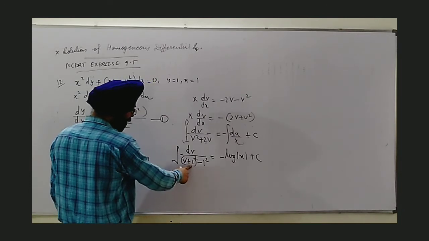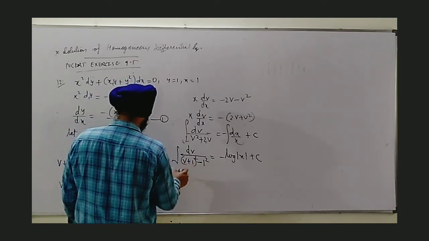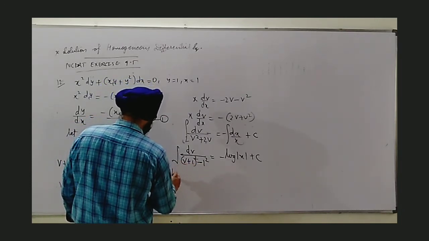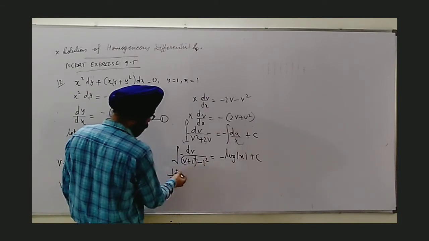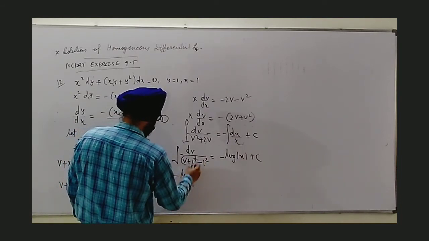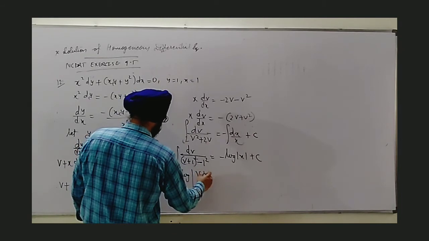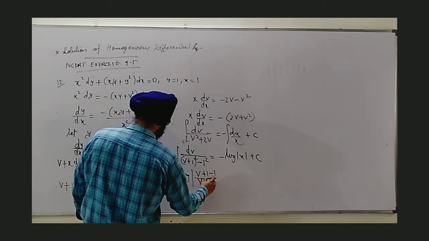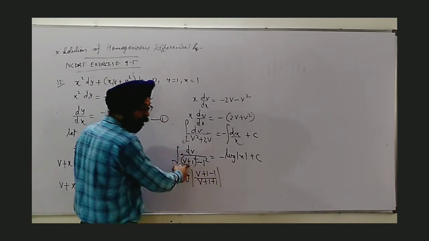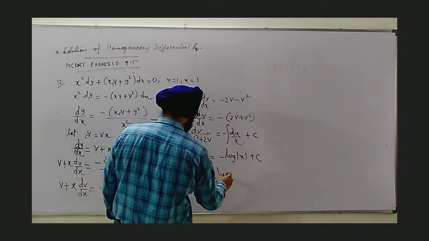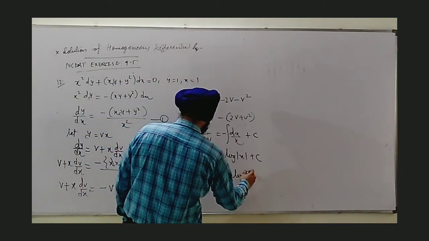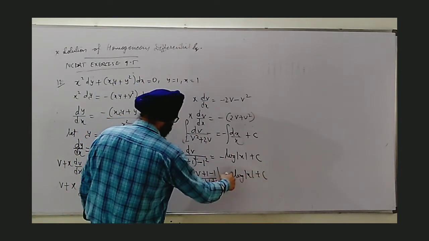This can be solved directly by the x square minus a square pattern, which is 1 upon 2a. A is 1 here, so 1 upon 2 log of mod x minus 1 upon x plus 1. This way, in place of x we are getting v plus 1. Okay, equal to minus log mod x plus c.